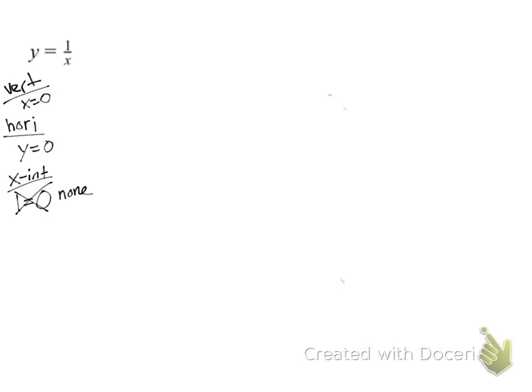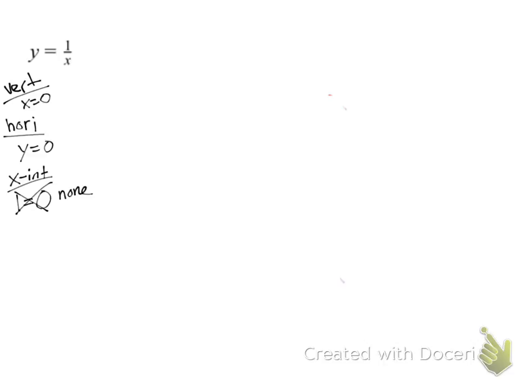There's no x-intercept. Now wait a minute. If the horizontal asymptote is y equals 0 and the vertical asymptote is x equals 0, well, aren't those just the axes? And if I can't be on the axes or touch the axes, therefore I should have no intercepts.